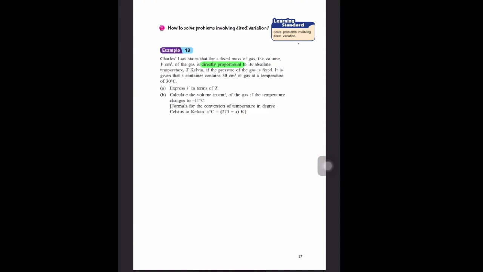It is given that a container has 30 cm³ of gas at a temperature of 30 degrees Celsius. A, express V in terms of T, and B, calculate the volume in cm³ of the gas if the temperature changes to negative 11 degrees Celsius.